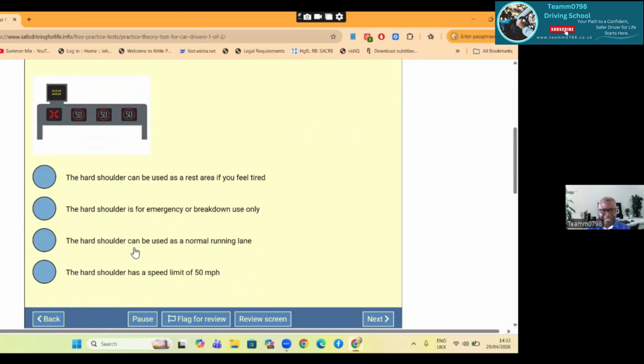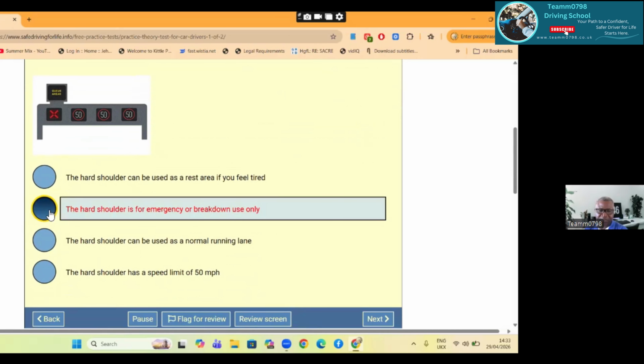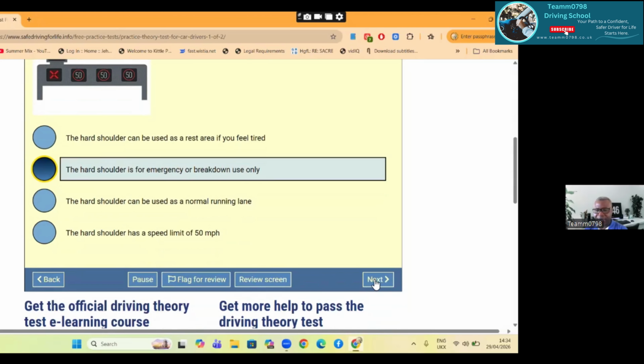It then means that the hard shoulder is only for emergency purposes only. So the hard shoulder can be used as a rest area, if that's not correct. The hard shoulder is for emergency or breakdown use only. That's correct. It cannot be used as a normal running lane. The hard shoulder has speed limit. No, that's not correct. That's the correct answer. The hard shoulder is for emergency or breakdowns only.